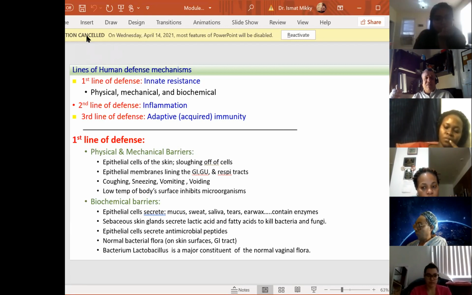And then the third line of defense would be the adaptive immunity and the different types of immunity, and we will go over that. HIV/AIDS will be listed as one of the diseases under the third line of defense, which is the acquired immunodeficiency disease.